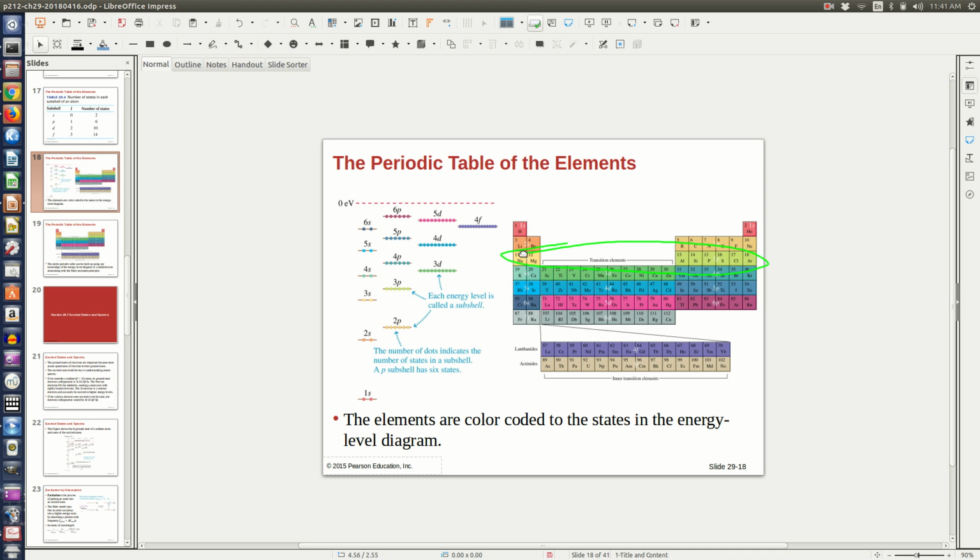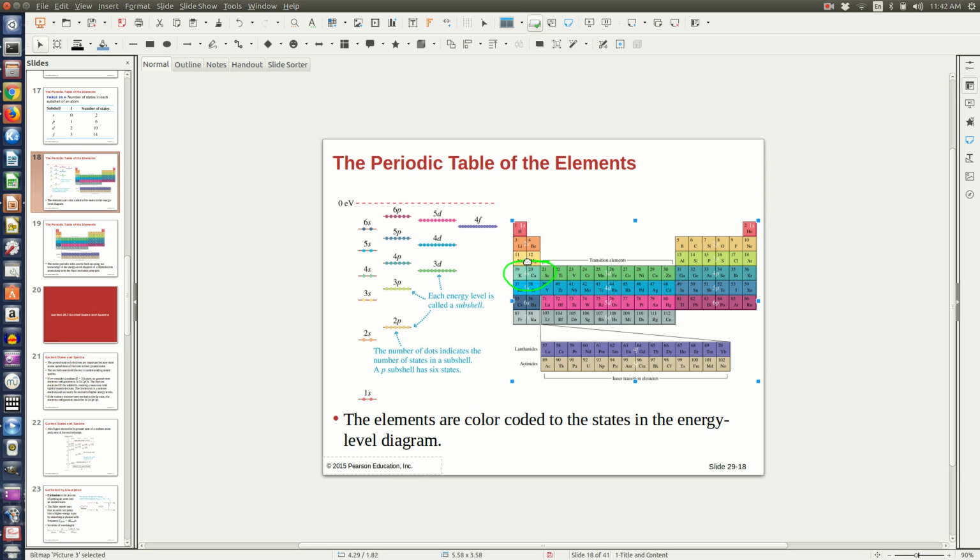Now, what's interesting about the 3d state is that we earlier noticed that it has higher energy than the 4s state. So in truth, as we're filling that shell, the states that correspond to the 3d electrons are actually the first row in this transition element part of the table. But before they fill up, the 4s state, which is lower in energy, first is the one to be filled with potassium and calcium, element number 19 and 20.